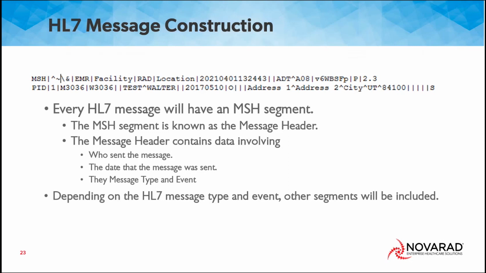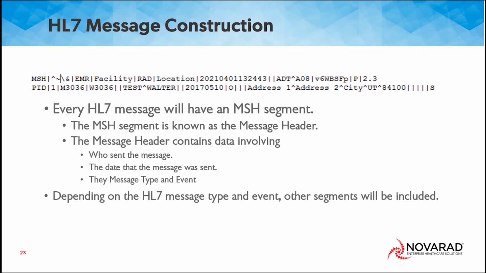So depending on the HL7 message type and event, we'll talk about message types and events, other segments will be included within the message. In this particular case, you see a PID segment following the MSH segment. And that's kind of an important segment because it stands for patient identification. So it tells a lot of information about the patient. For example, we saw his first and last name there. It gives an MRN or a patient ID.